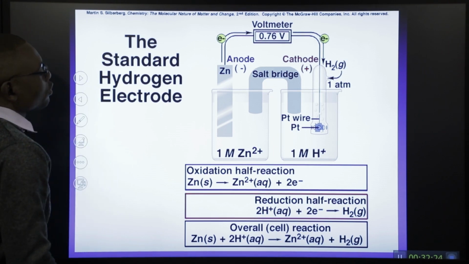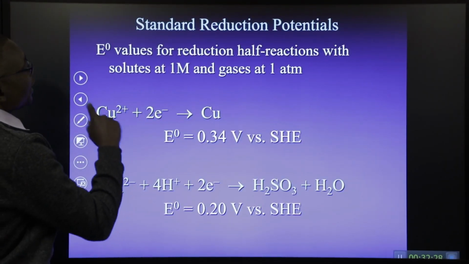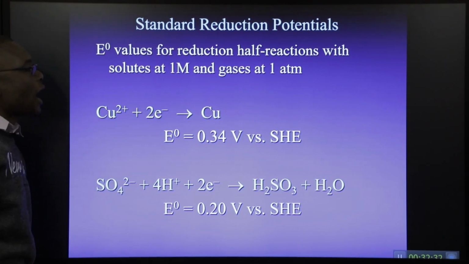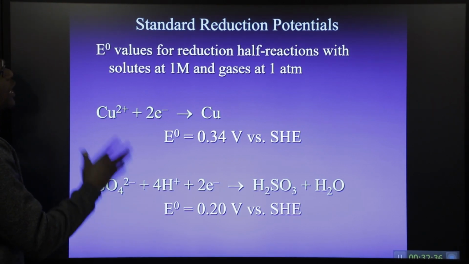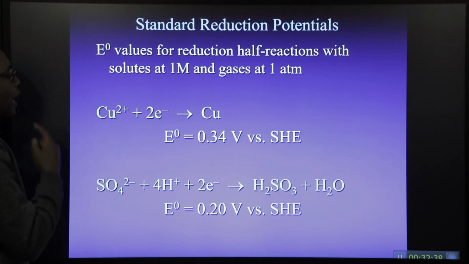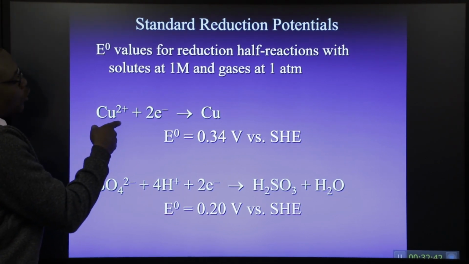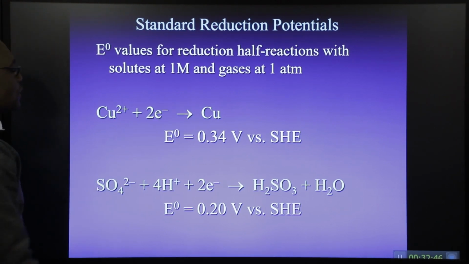Okay, so how do you determine the cell potential here? We are saying under standard reduction potentials, E naught values for reduction half reactions with solutes at 1 molar and gases at 1 atmosphere. So this is what is happening with our copper. The copper 2 plus picks up the 2 electrons and becomes copper atoms.